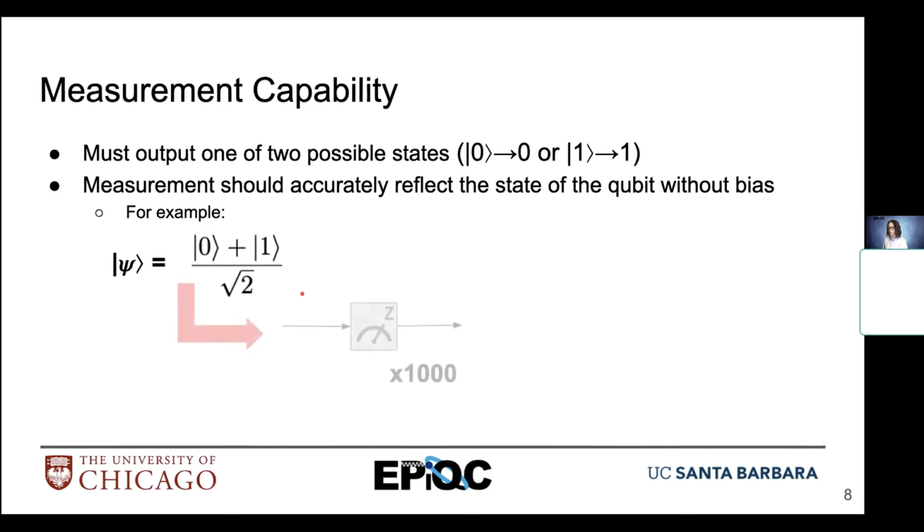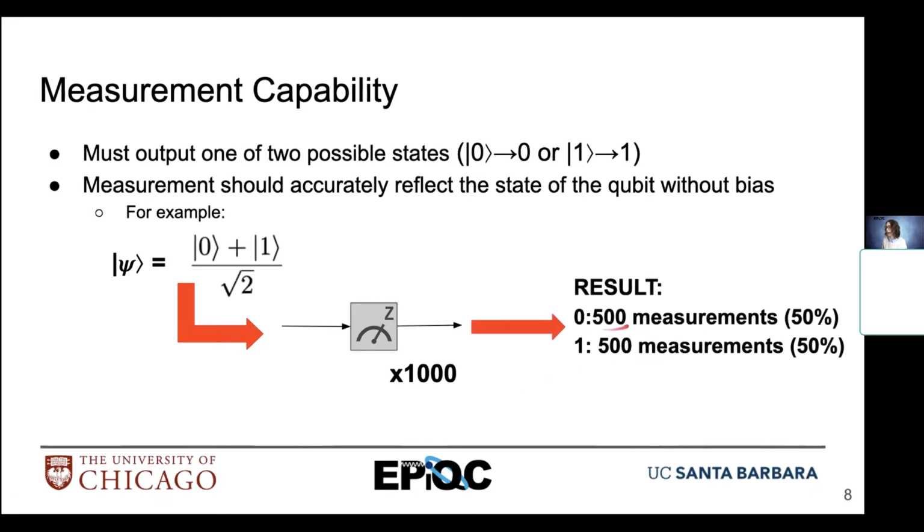So if we run this algorithm that produced this quantum state on our quantum device, and we measured it 1,000 times, what would we expect to get? We would expect to get a 50-50 split between measuring 0 and measuring 1 if we had a measurement capability that was accurately reflecting the state of the qubit without any sort of bias. So in a perfect ideal machine, we would get a result of 500 measurements of 0 and 500 measurements resulting in 1.